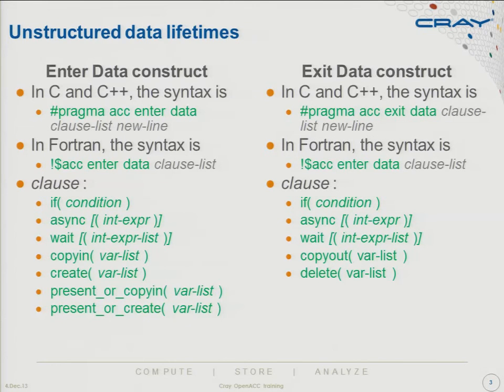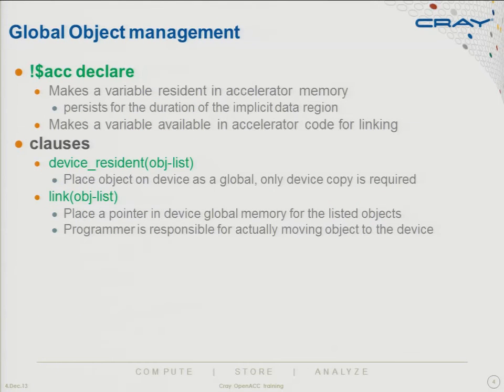These could be in constructor-destructor methods. It could be inside Fortran derived type methods. You could just use it in your ordinary code if you want, but an ordinary data region is probably enough. It's an OpenACC 2 feature, so if you use an OpenACC 1 compiler, it's not going to support that.